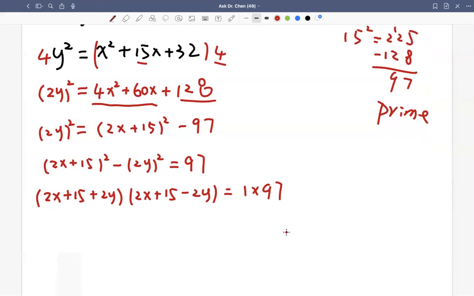Now x, y are positive integers. That's why I added y to be a positive integer, otherwise it's very easy to get into trouble.